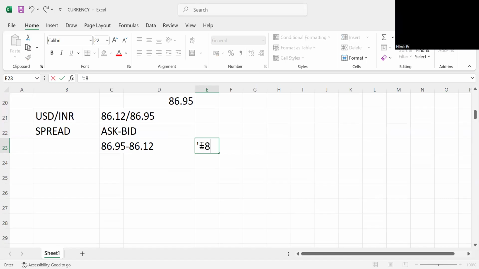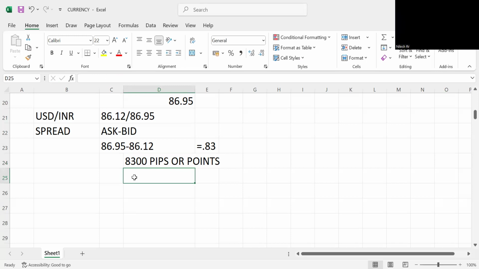The spread is 83 paisa. But generally, we will not call that 83 paisa. We call that 8,300 pips or points.